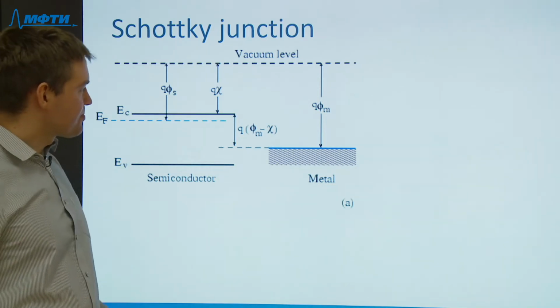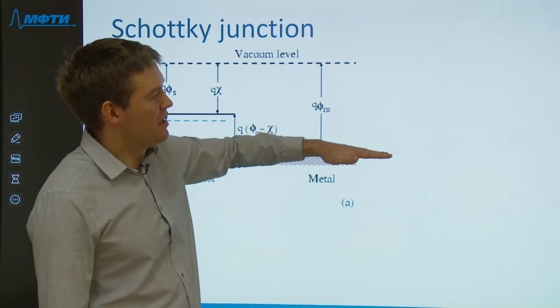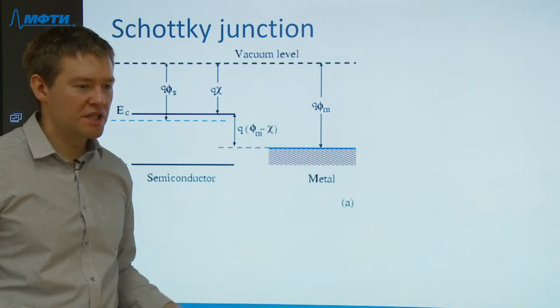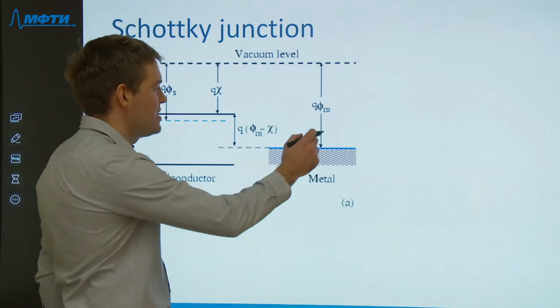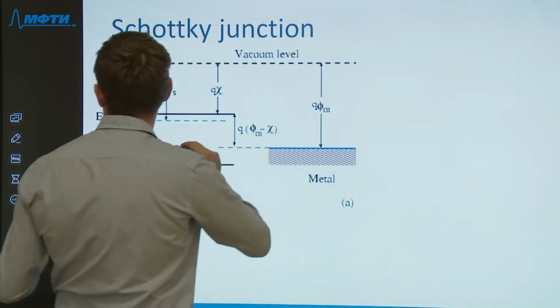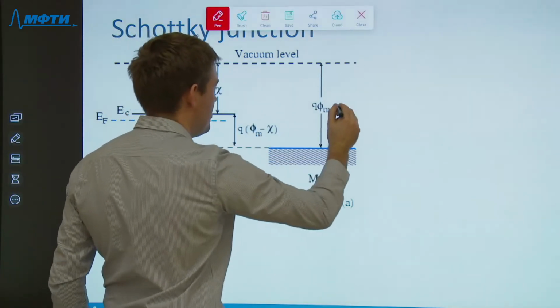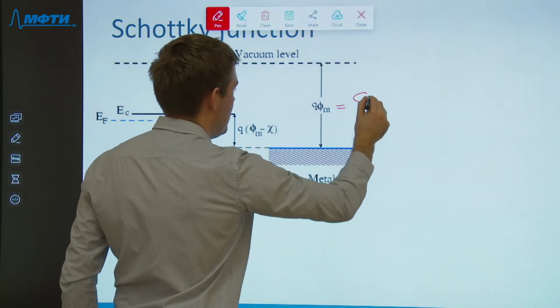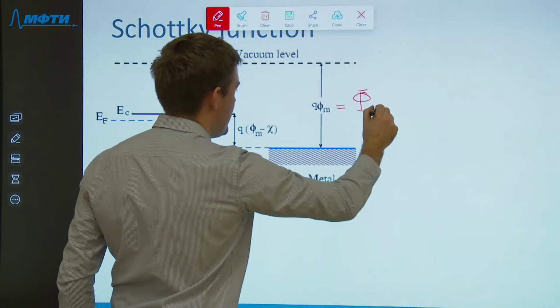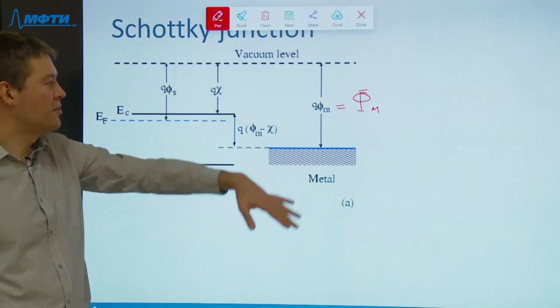When we deal with a metal, all metals behave as if they are in a potential well, and there is some work needed to extract an electron from metal to vacuum, which is the work function of the metal. It is the distance between Fermi level and vacuum level.